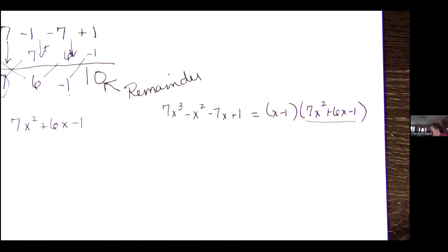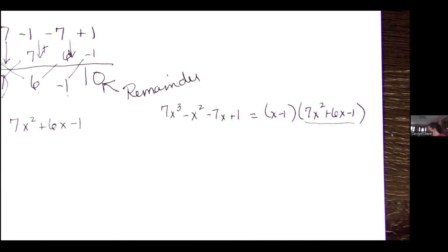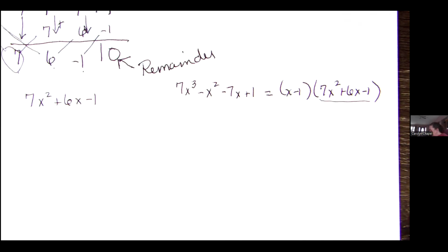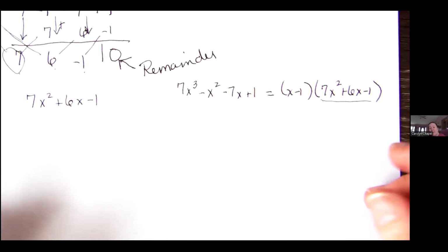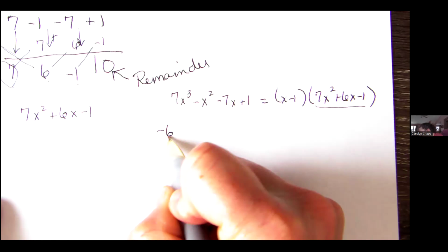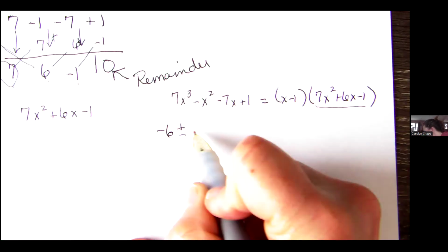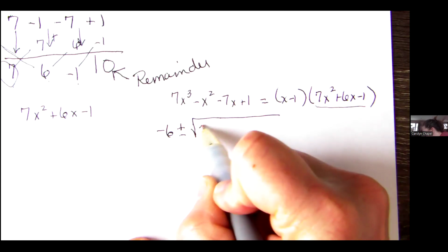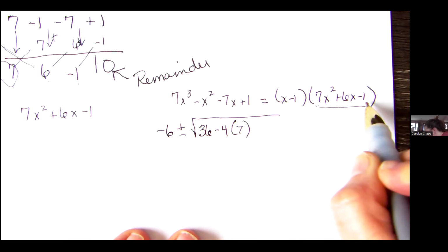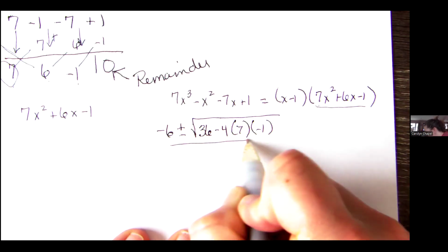We can use techniques that we know, either factoring it, the quadratic formula, or completing the square. I'm just going to jump right into the quadratic formula because that 7 is a little messy and I don't want to deal with that today. So I'm going to use my quadratic formula. That's my negative b, which is -6, plus or minus the square root of b squared, so 36, minus 4 times my a times my c, all over 2a.